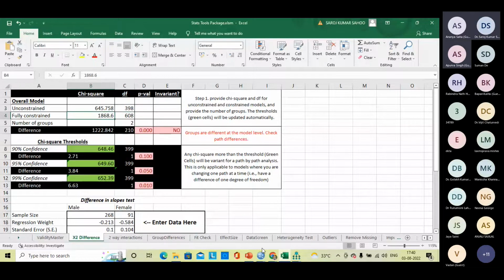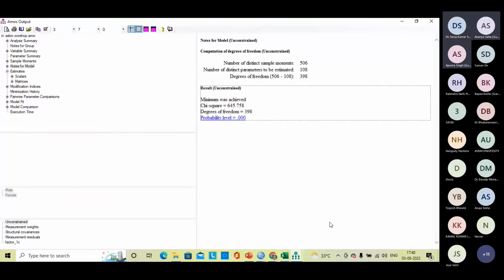Now again go to the output. Go to the factor that I have constrained. On the left hand side it is appearing. See, I have named it factor underscore 1C. Click there, and another chi-square appears. See, 649.028. Copy it, and please remember the degree of freedom, 403.